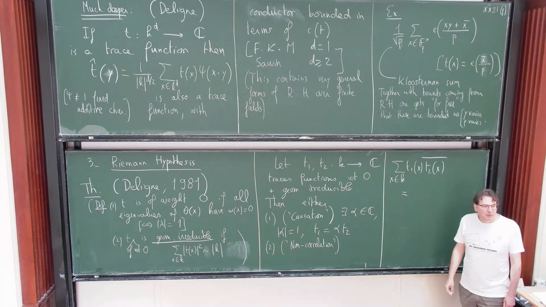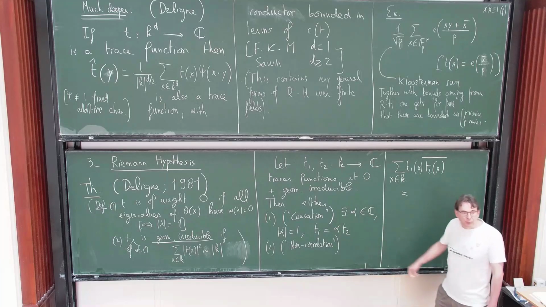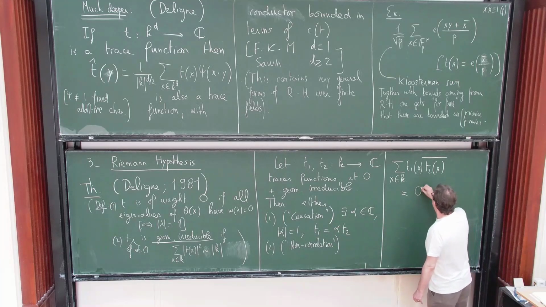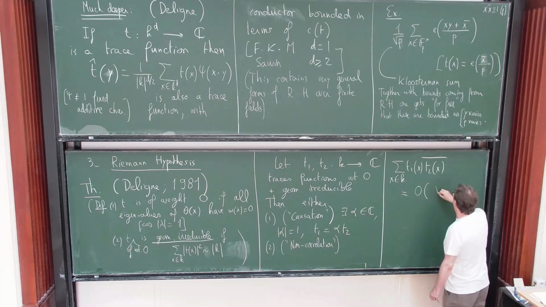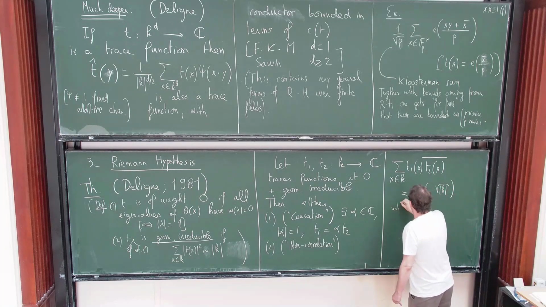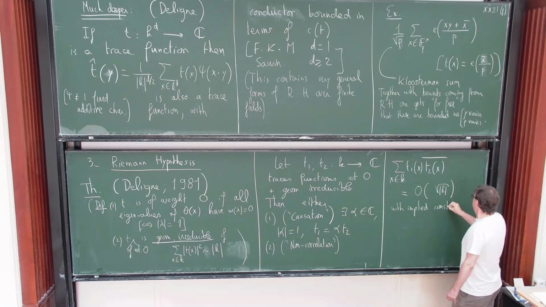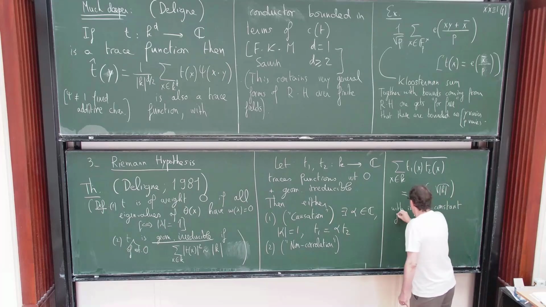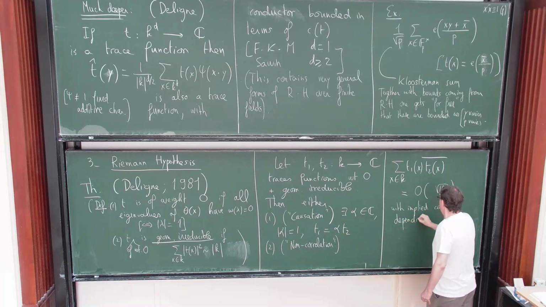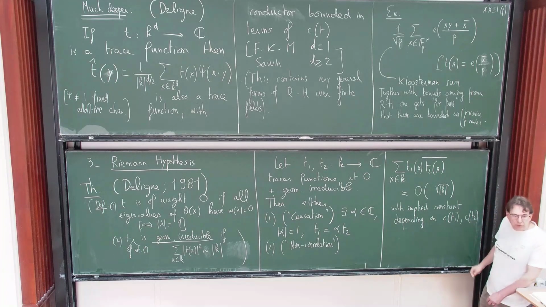Well, in algebraic geometry it is. So if they are not exactly the same, they're actually completely uncorrelated. And in fact, it's big O of square root of the size of k. Square root cancellation with implied constant depending only on the conductors of T1 and T2. And in fact, basically a multiple of the product of the two works fine.